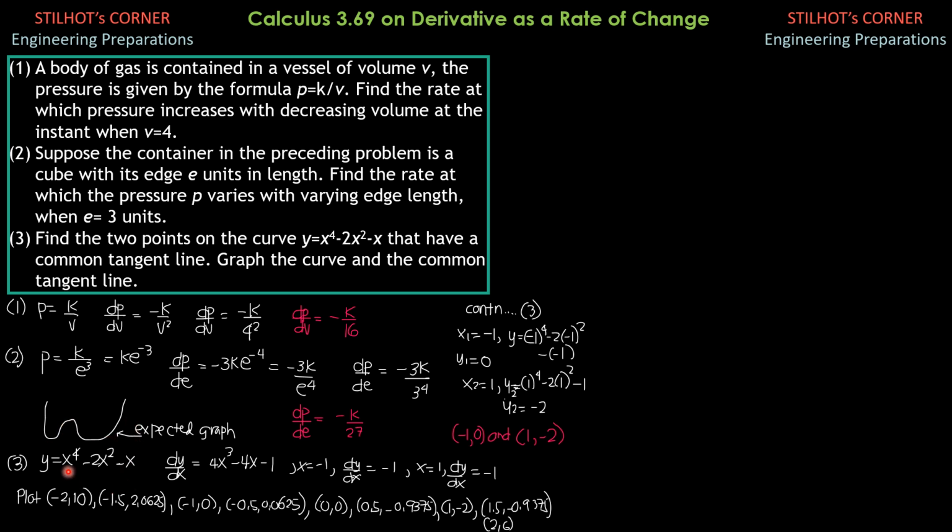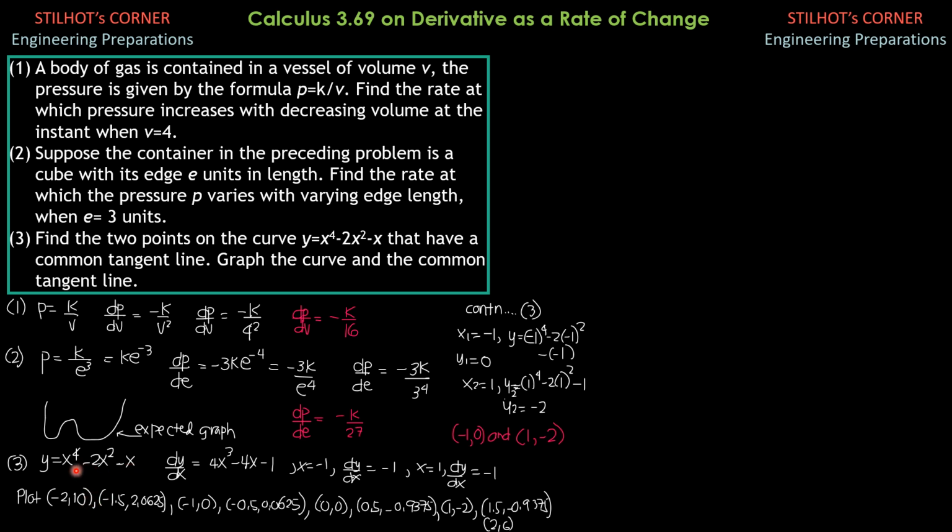So we plot first x = -2. When x is -2, you can use your calculator, mode table. Then y is 10, or you may input -2 here, then solve this manually. So 16 minus 8, so 8 minus -2, so that's why it is 10.